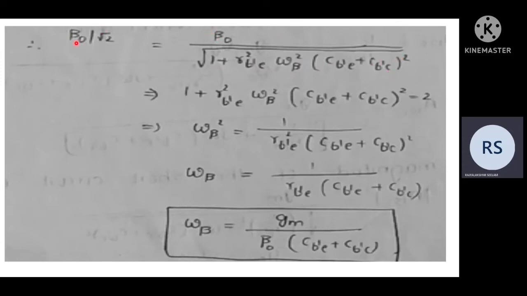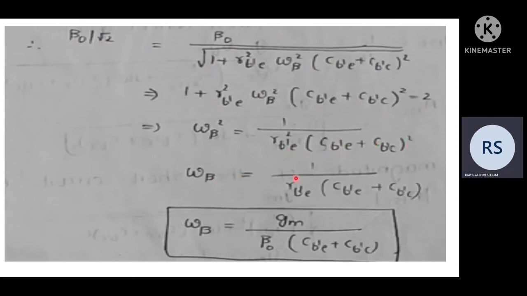So here beta naught gets cancelled. The square roots on both sides also get cancelled, so that we will obtain 1 plus r square b'e omega beta square (C_b'e plus C_b'c) whole square, which equals 2. So omega beta square equals 1 by r square b'e (C_b'e plus C_b'c) whole square.